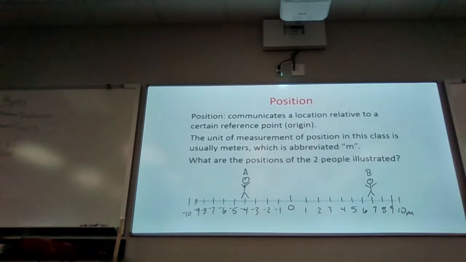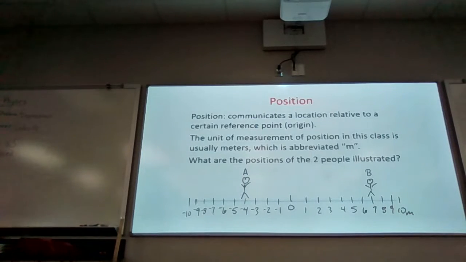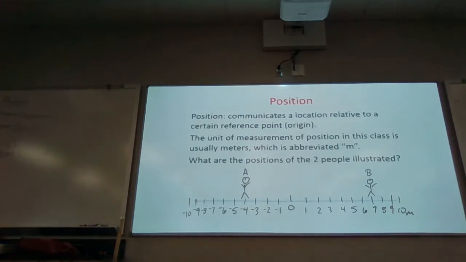In this class, we like the metric system, so any kind of length or distance, the default is meters, with a symbol of lowercase m.